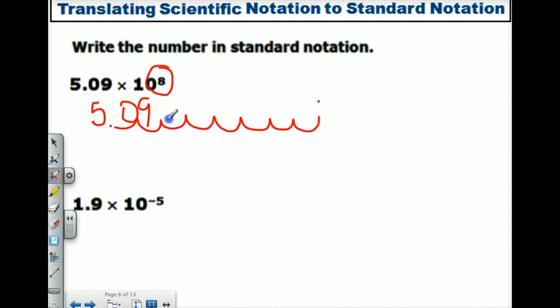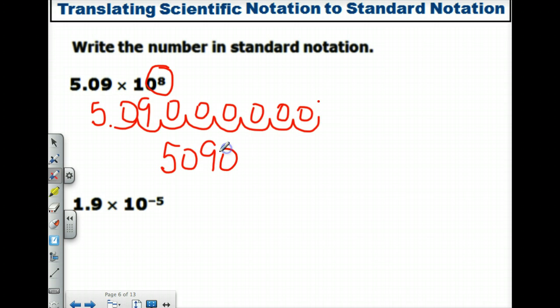Fill in with zeros. Rewrite your answer. And don't forget to put the commas in for an answer of 509 million.